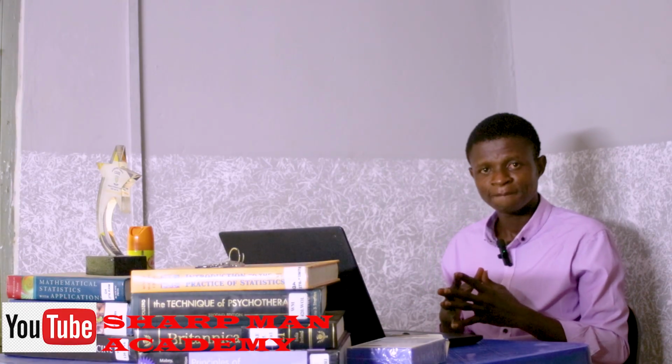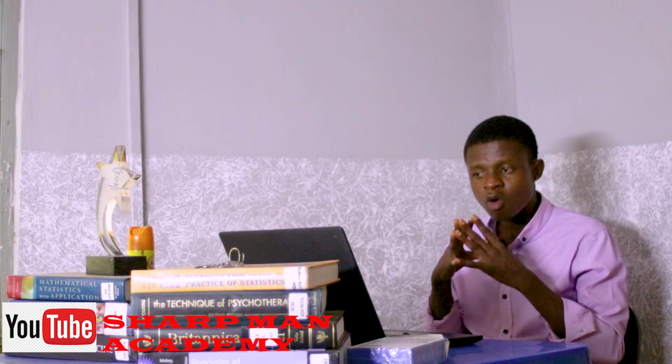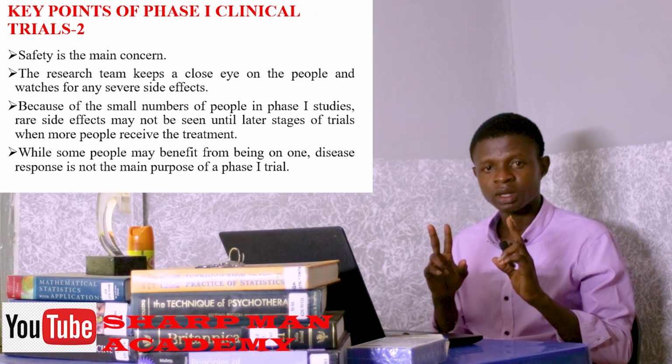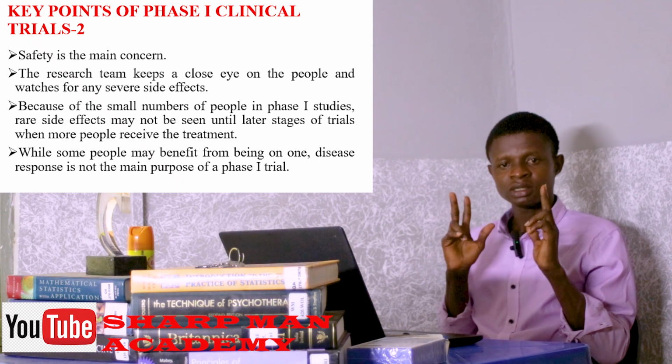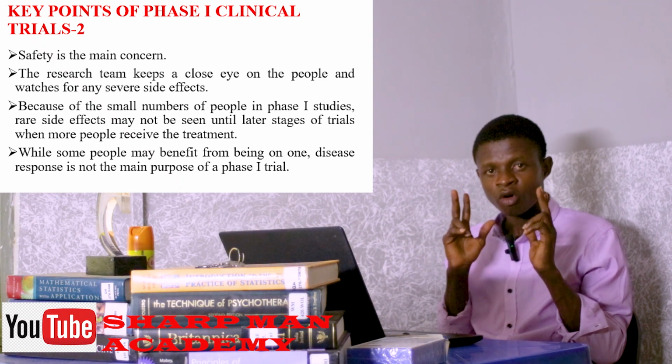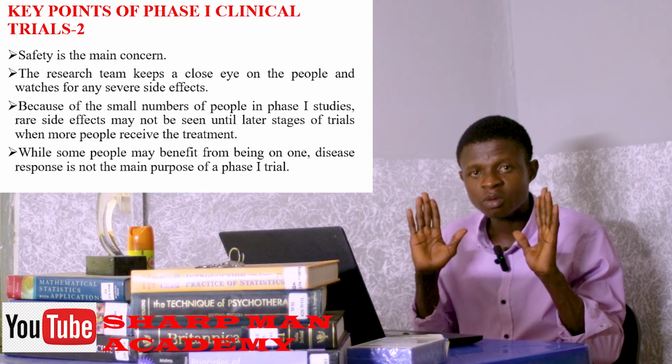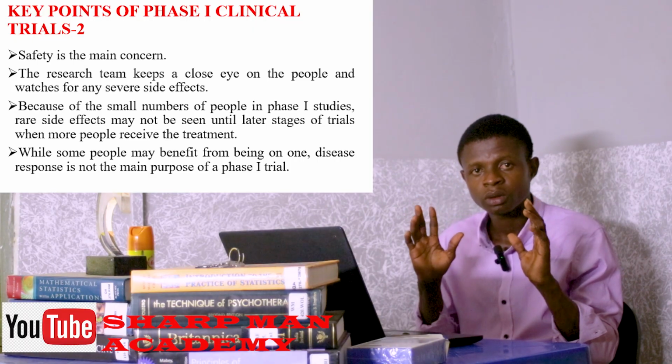So at this stage, phase 1, the hallmark is safety. The main concern of phase 1 is safety. We are just providing the needed form of intervention that will provide the highest and then the optimum safety to the people.